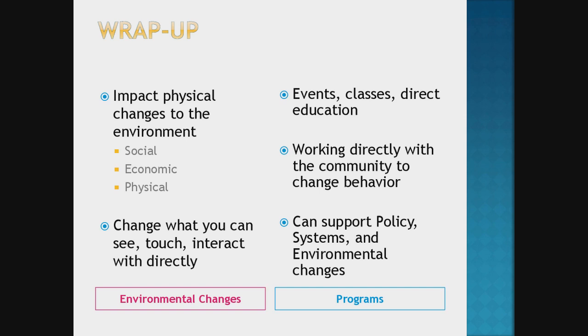So some events are held quarterly, some are just once a year, and so they really don't have as much of a long-lasting impact, but they're still very important to supporting those policy, systems, and environmental change strategies. Programs can be used to support other types of changes as well. Programs are most effective when they are paired with policy, systems, and environmental changes, but they can stand alone as well.